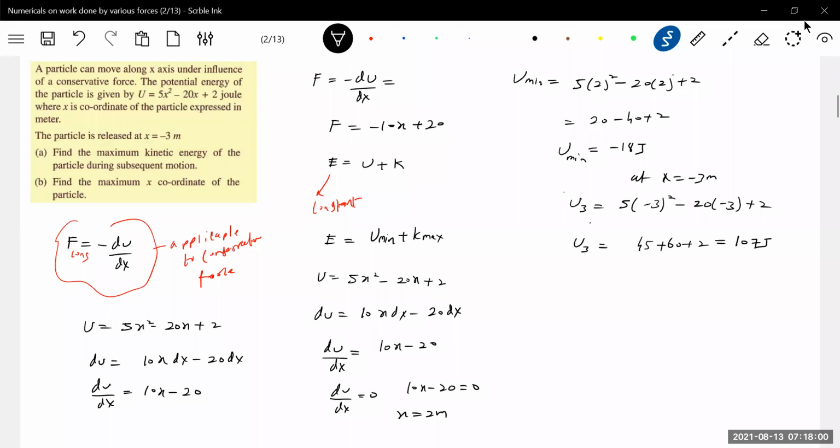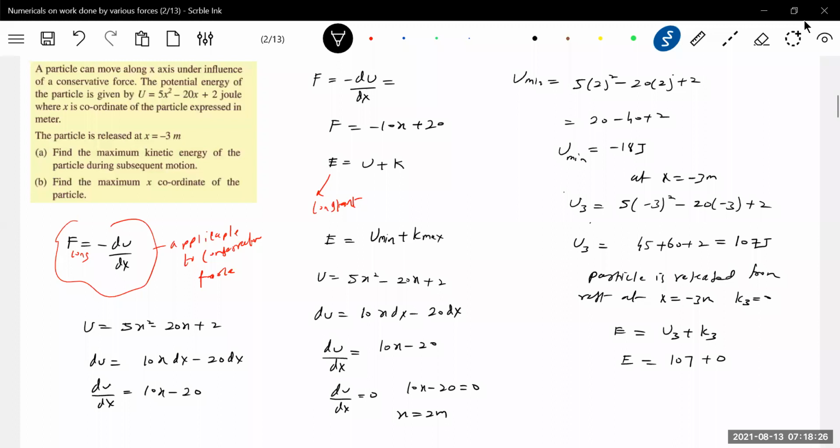And we know the particle is released from rest at x equal to minus 3 meter. So what should be the kinetic energy? It will be 0. The overall mechanical energy must be constant. So U3 plus K3, U3 is 107 and this is 0.